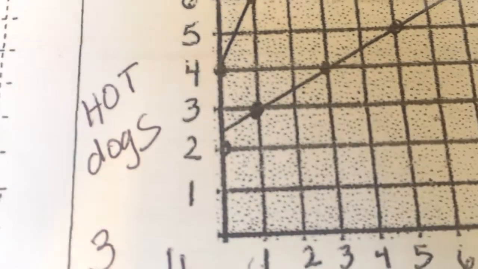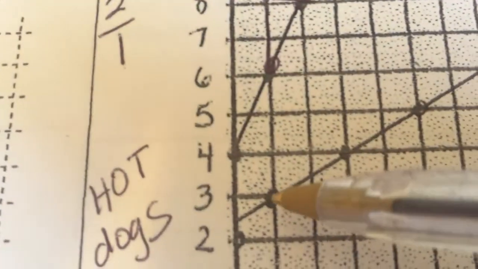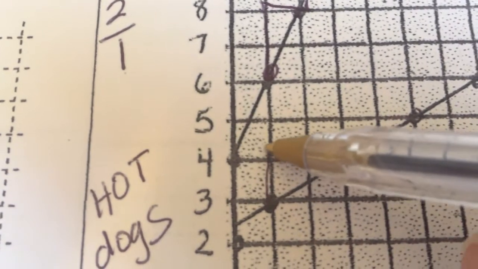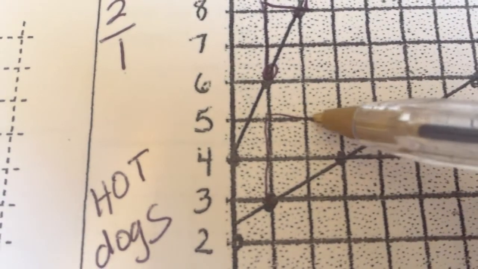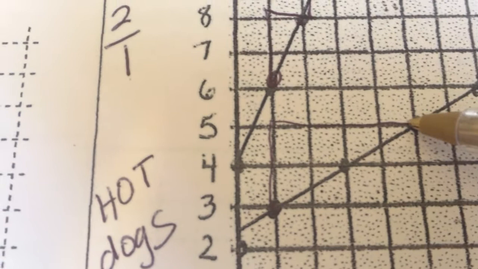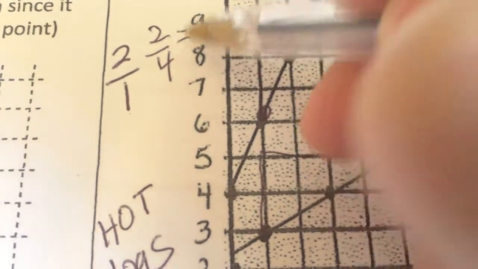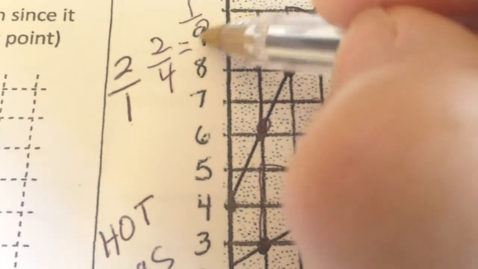This guy already ate, looks like 2.5. So let's pick 2 points that are right on corners, and he's going to eat 2 hot dogs in 1, 2, 3, 4 hours. 2 hot dogs in 4 hours, which simplifies to 1/2 hot dog every hour.